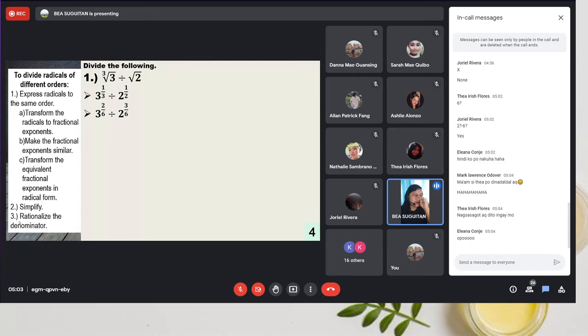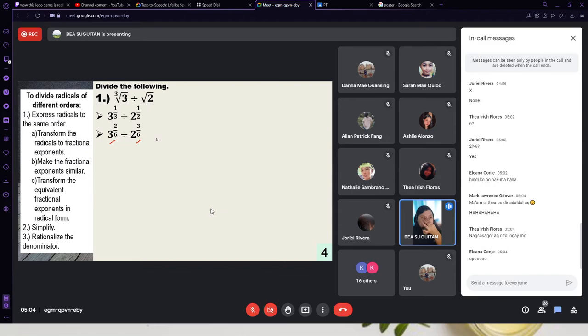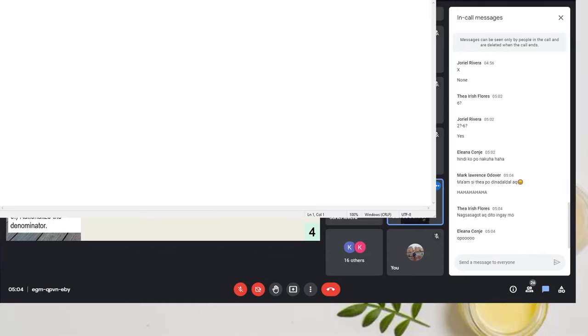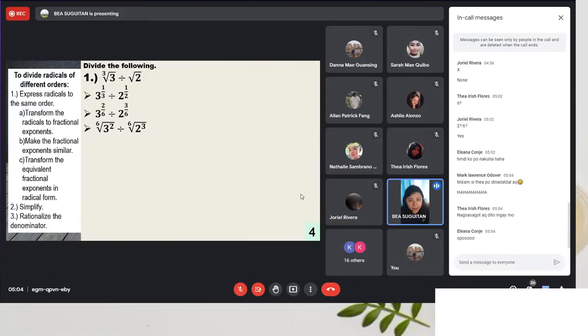Punta naman tayo kay step 1C. That tells us to transform the equivalent fractional exponents in radical form. So, ang gagawin daw natin dito, sa dalawang ito, ita-transform daw natin iyan into radical form. Okay? So, it will be 6th root of 3 squared divided by 6th root of 2 cubed. O, baka may nakakalimot.